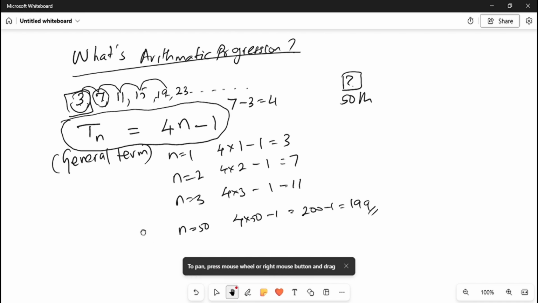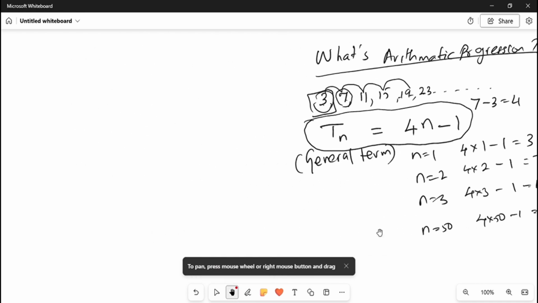I write another number pattern here. 1, and 3 is 4, and 3 is 7, and 3 is 10. Look at this number pattern. In this pattern it is increasing by 3, so 3n.